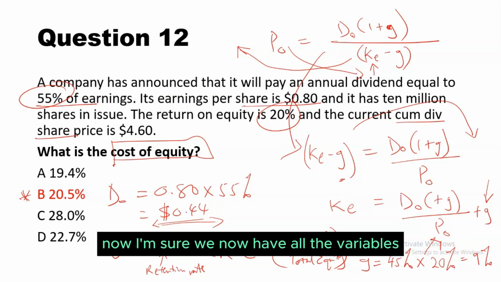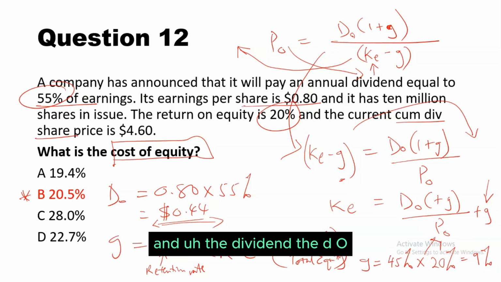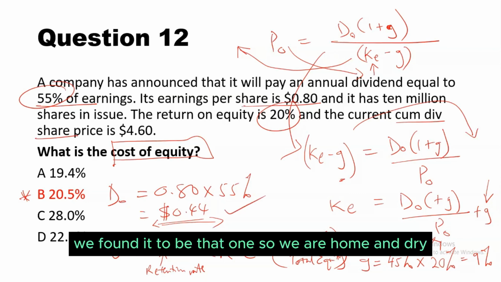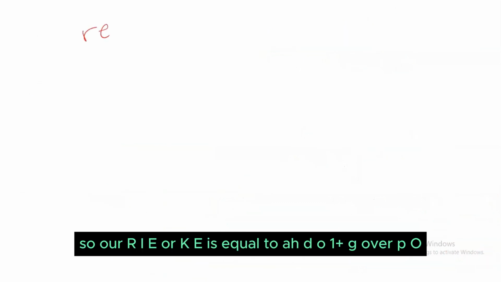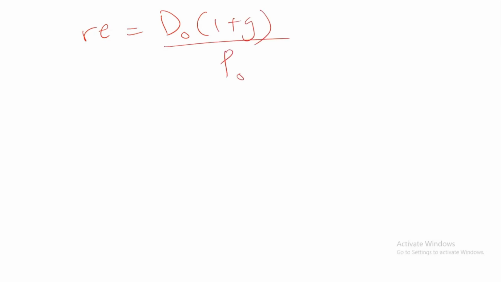Now I'm sure we have all the variables, and the D0 we found it to be that one. So we are home and dry. Our Ke is equal to D0 (1 plus g) over P0, plus g.